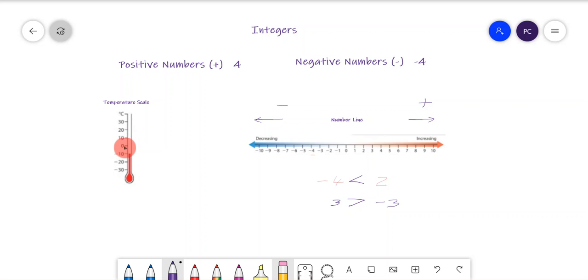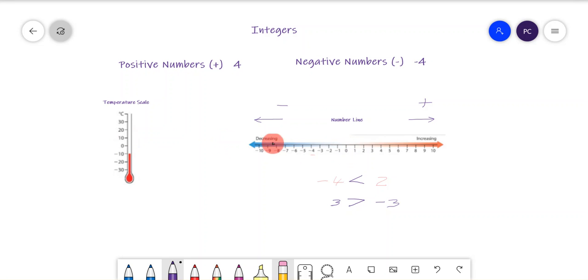Temperatures above 0 are considered hot, and these are represented by using positive integers. Temperatures below 0, which we use negative numbers or negative integers for, are temperatures that are colder. So -10 is colder than +10.